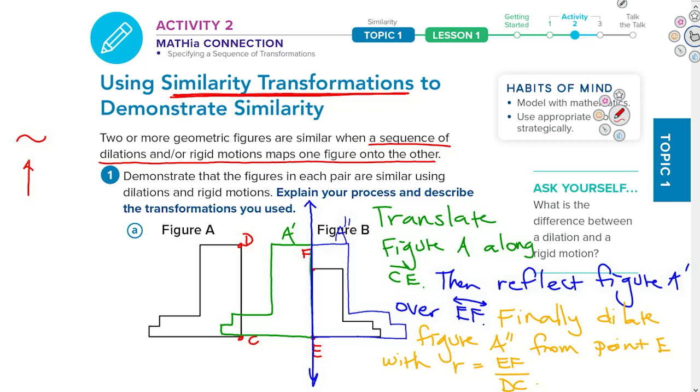So I will say figure A is similar to figure B. If you can see that, I kind of barely fit it on there. Okay, so if there are similarity transformations that map one figure onto another, then those figures are similar. Okay, so that was kind of a lot, but you're just getting one under the other using similarity transformations.